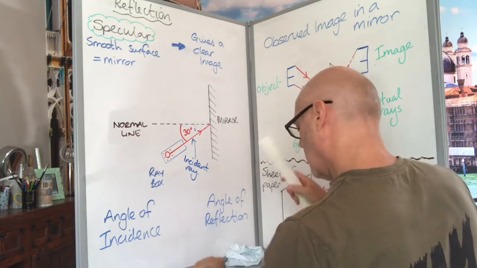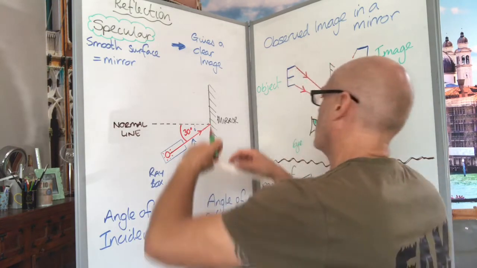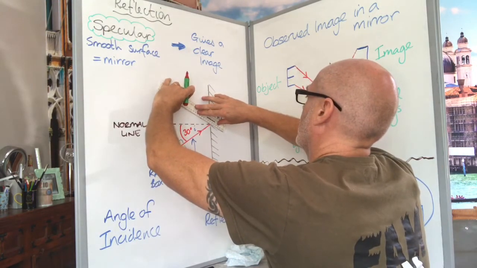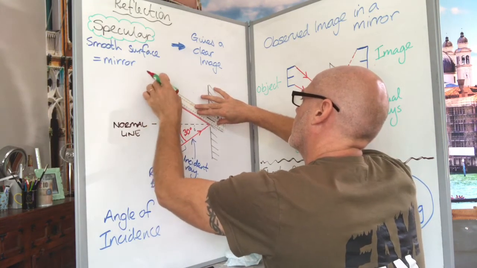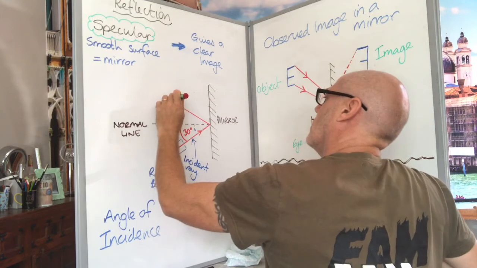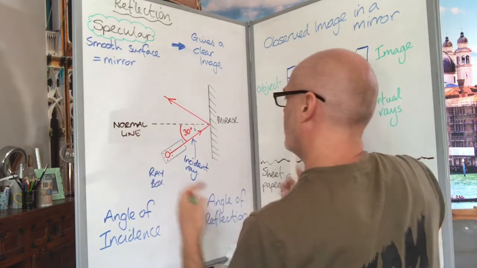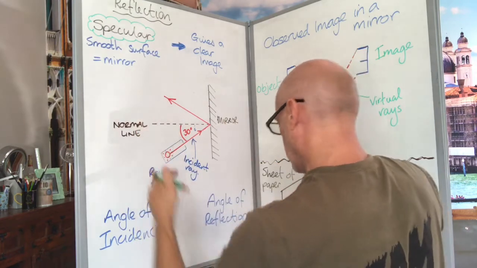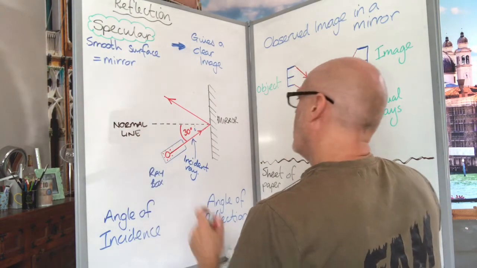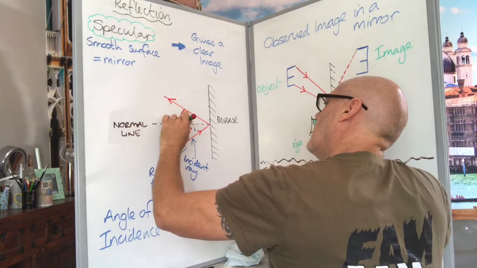We then observe the reflected ray, and we would draw that onto our page. If you imagine this is sat on our book, so the board would be our book, we would draw these lines on. And then we would measure this angle here.